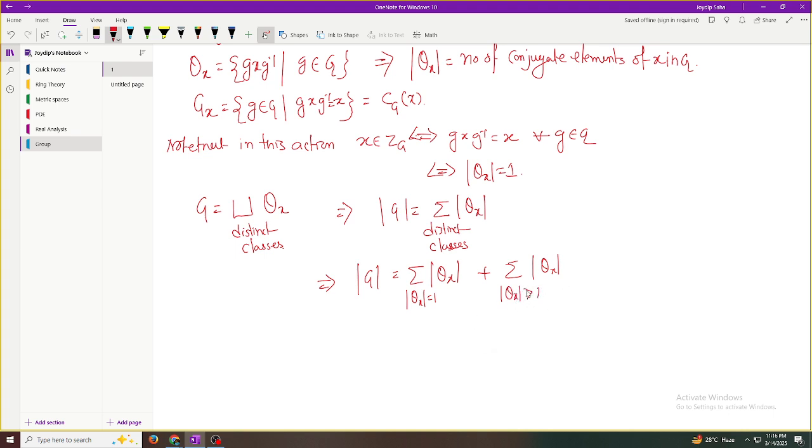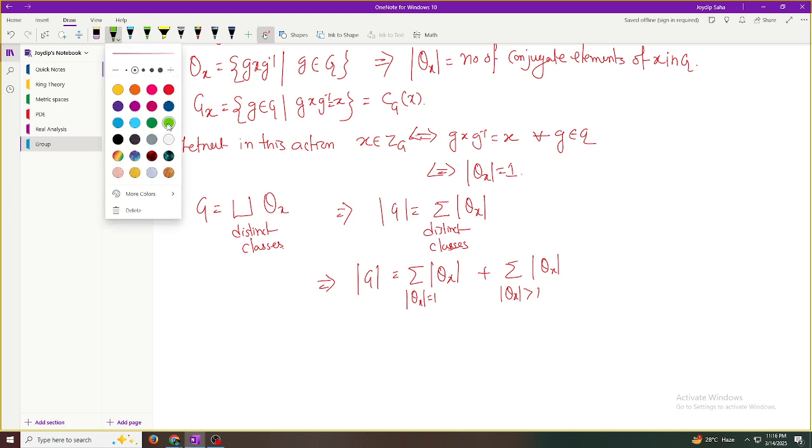Now what is the cardinality of Ox if it is 1, I denote it by a green star.